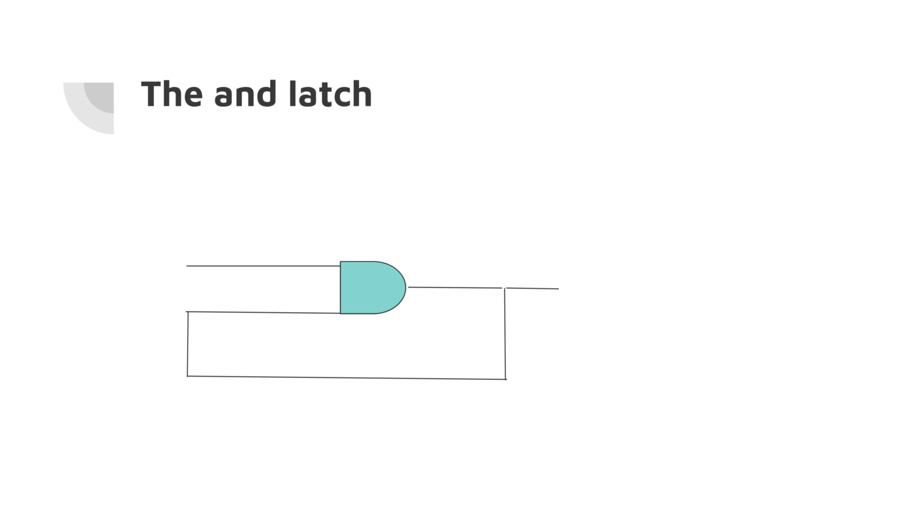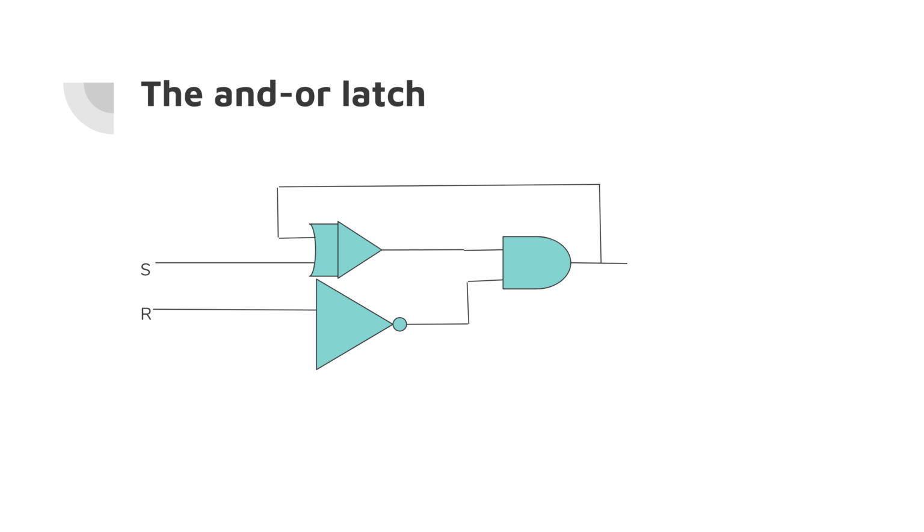With the AND latch, the problem is the opposite. It's always 0. If you set the input to 1 this time, it doesn't turn on because the other input of the AND gate is 0. So that's wrong. So we move on to the AND OR latch.